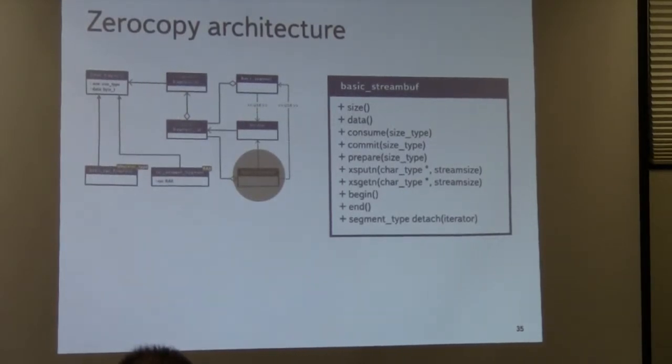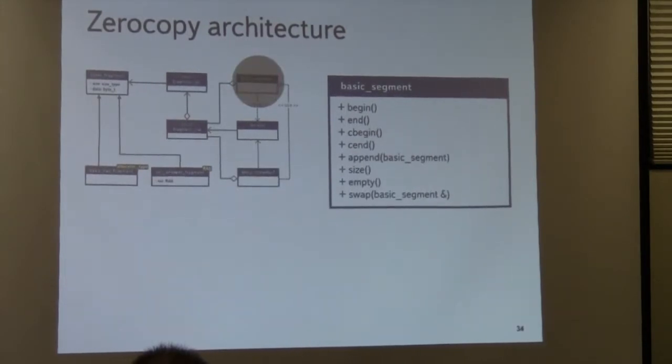It implements the Asio stream buffer interface, and it implements our own interface for zero copy access to the memory. Okay, we have a stream buffer with no copy for receiving data.